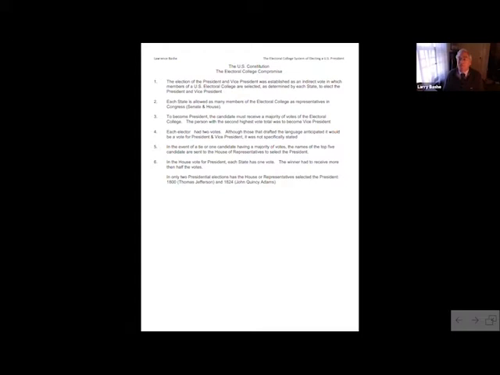It gives an advantage, a disproportionate share of the vote to smaller states with less population, which was done on purpose. And we can talk about why they did that. To get elected, a president had to get a majority of the electoral votes of the Electoral College. Their idea was the person with the second highest vote total would become vice president.